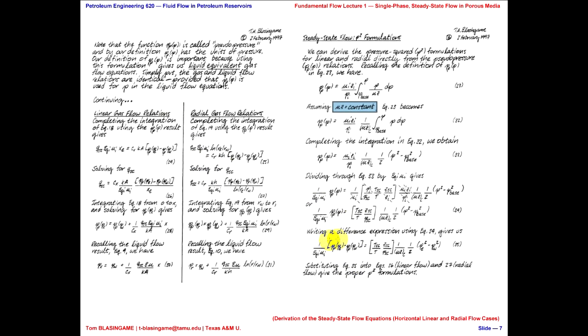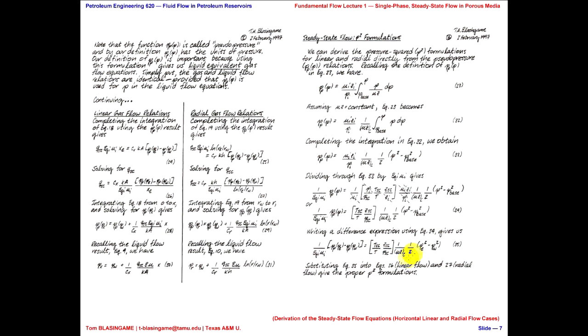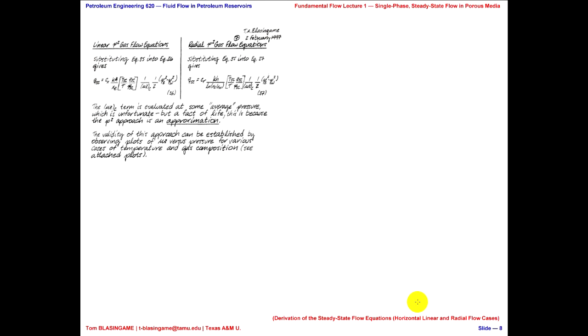So you end up with this being equal to this, and so you're going to have a TSC over T, ZSC over PSC, 1 over mu Z, which is constant, 1/2, which we talked about a minute ago, PE squared minus PW squared. And again, that's where all that noise came from with the Ramey definition, because they defined it that way. So then the pressure squared equations are like this. You have one for radial flow and one for linear flow.